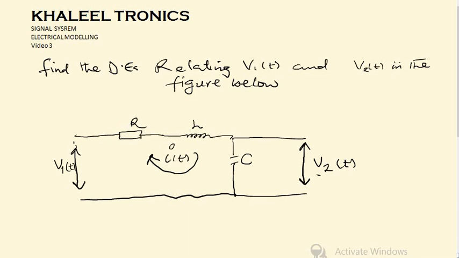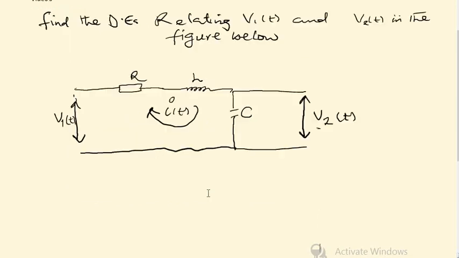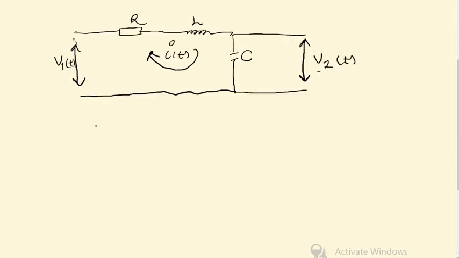By taking loop 1, this loop across here, we can say v1(t) minus v2(t) must be equal to the voltage across this resistor and the voltage across this inductor.